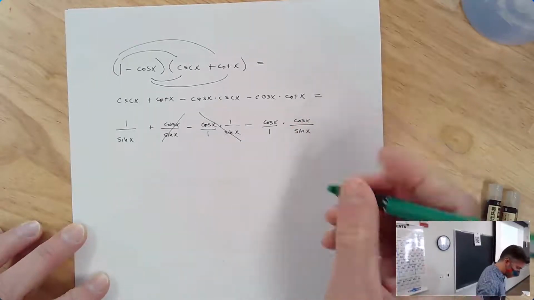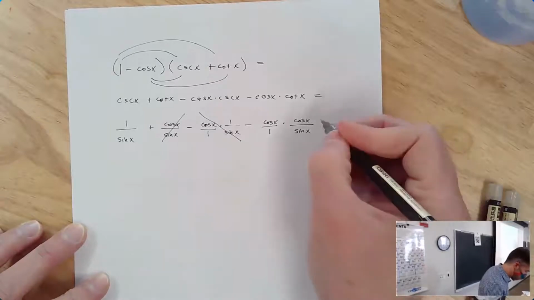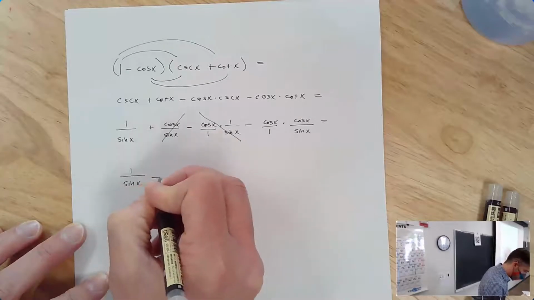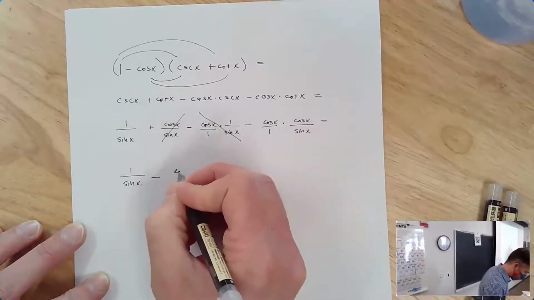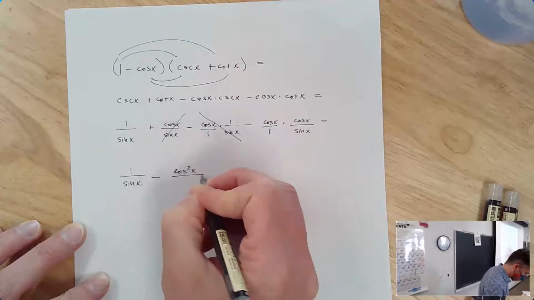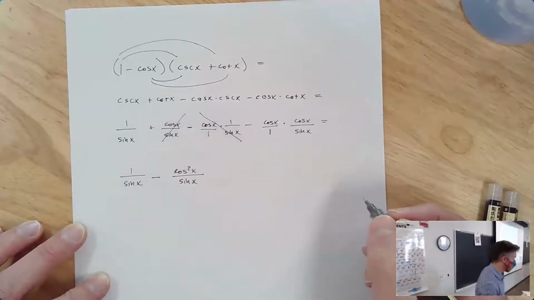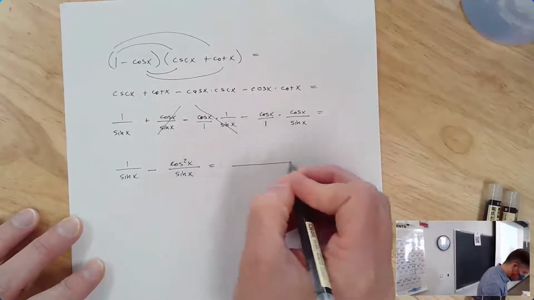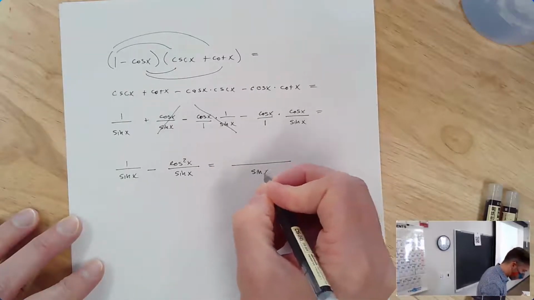And then I'm left with things that have a common denominator. I have a 1 over sine of x minus cosine times cosine, which is cosine squared x over sine of x. I really should have just written that as one entire fraction with the common denominator sine of x.